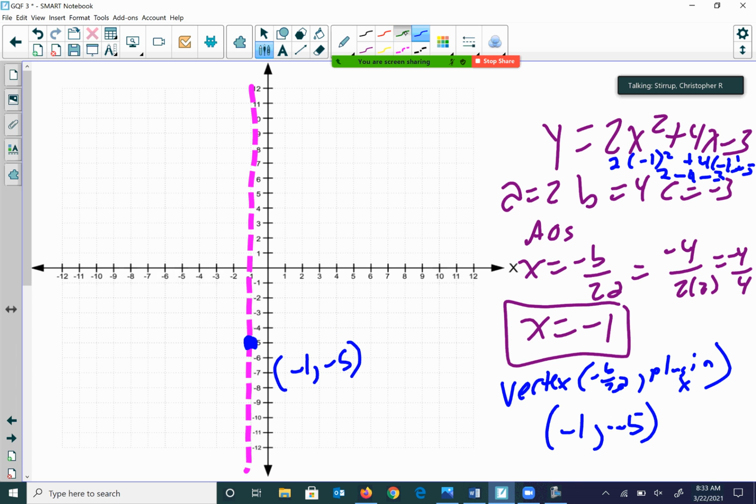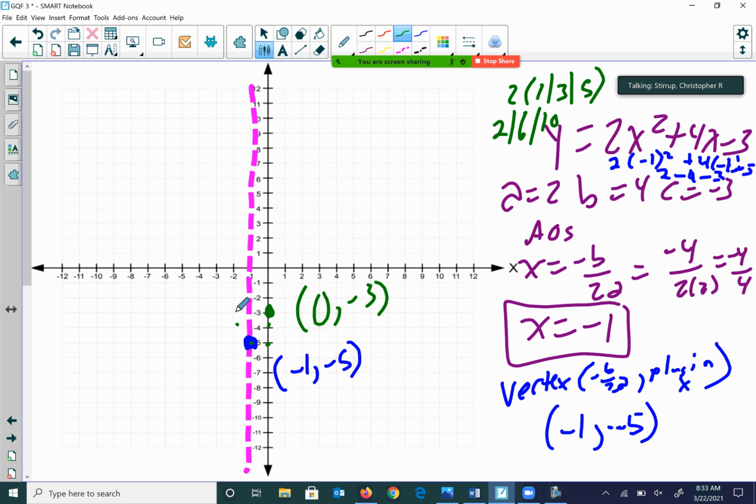My pattern graph is going to be 2 times 1, 3, 5. So I'm going to multiply 2 by everything, so I get 2, 6, 10. From my vertex, I'm going to go right 1, up 2. I'm going up 2 because it was a 2 there. So that's going to give me the point 0, negative 3.